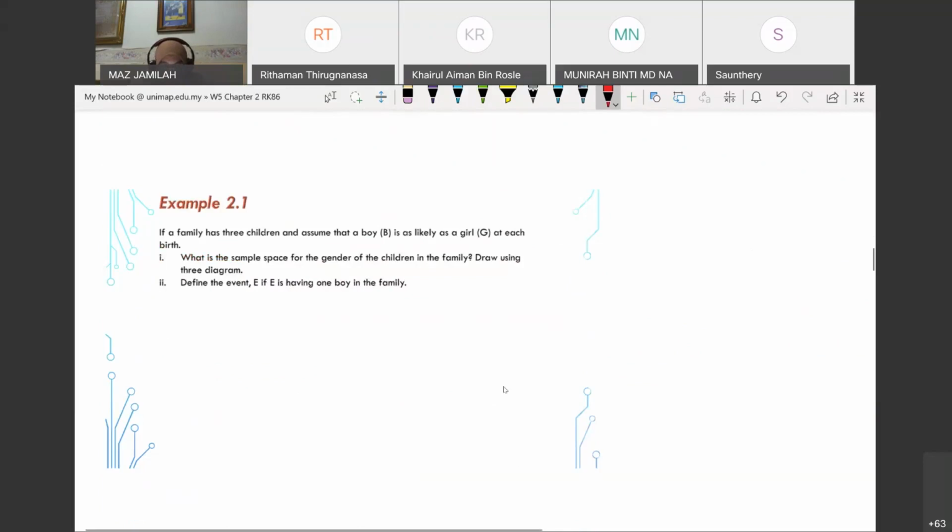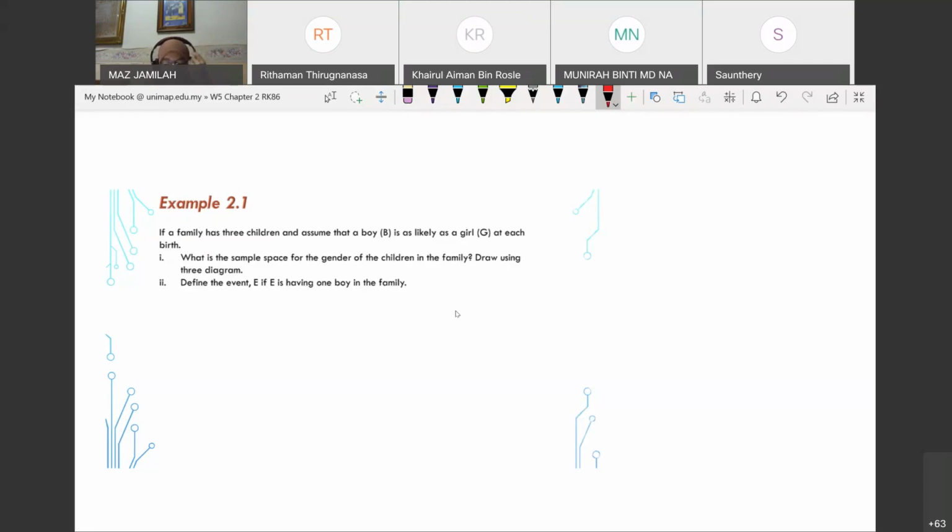Now let us look at example 2.1 on page 41. That is under 2.2 basic concepts of probability. If a family has 3 children and assume a boy is as likely as a girl at each birth. It means that if you are talking about 3 children in a family, we disregard any issues of twins or whatsoever, so the mother will always have 1 child for each birth.